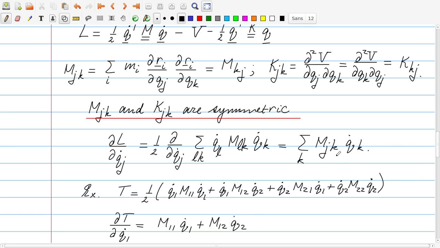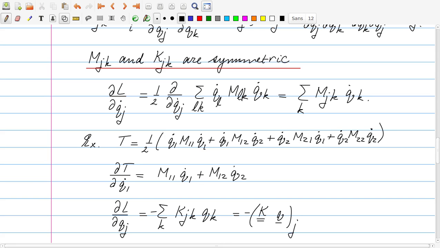And that's precisely this form. And by the way, obviously the derivative of L with respect to q̇_j only derives from the kinetic energy, because the potential energy does not depend on the q̇_j. So writing dL/dq̇_j or dT/dq̇_j doesn't make a difference.